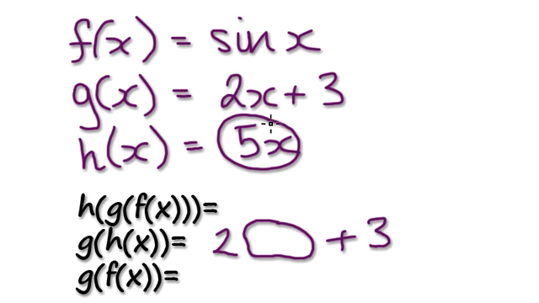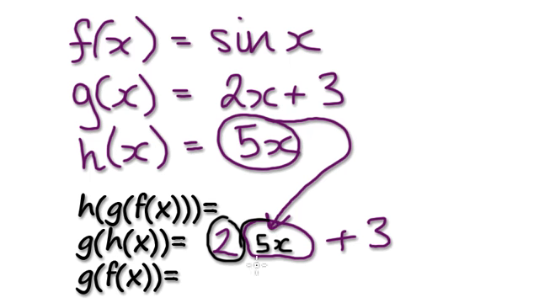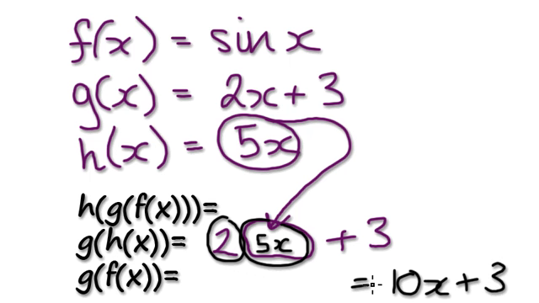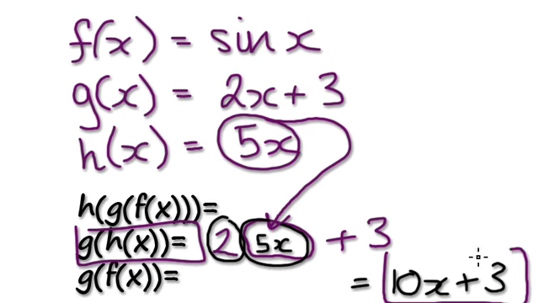But the thing is, you're putting the 5x into here. So this will be 5x. So now it's this times this, which equals 10x plus 3. Okay, so the answer to the second one is given by this here.